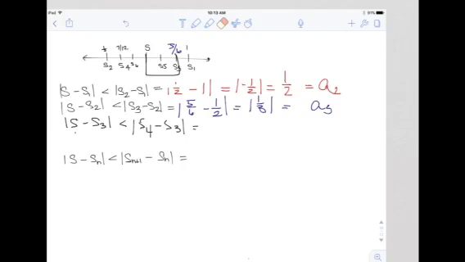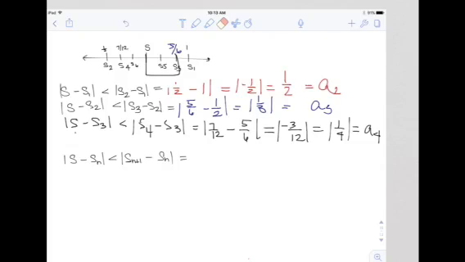S4's value is 7 over 12 minus S3, which is 5 over 6. Finding a common denominator, this will be 7 over 12 minus 10 over 12, which is negative 3 over 12, which is, again, shocking, 1 over 4, which is A4.